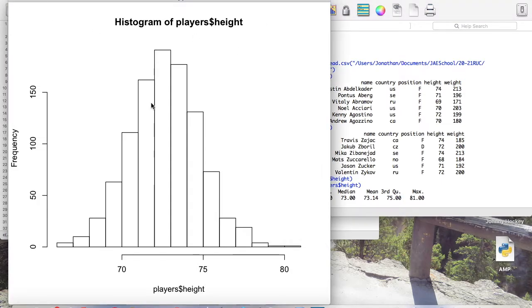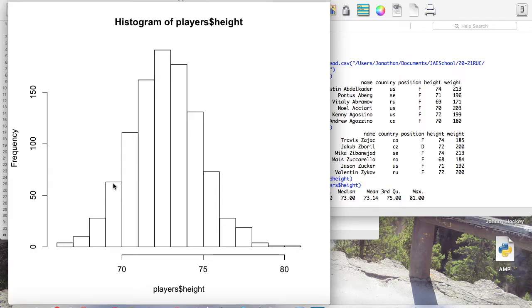Okay. The other thing that we see here on the y-axis is just the total number of players that fall into each category. So from this one, we see that the total number of players who are, in this case, 5'11", is just a little bit over 150. There are a little bit over 100 players who are 5'10".